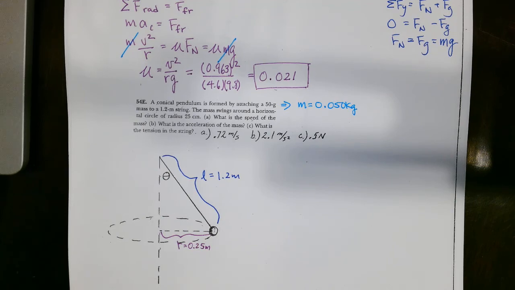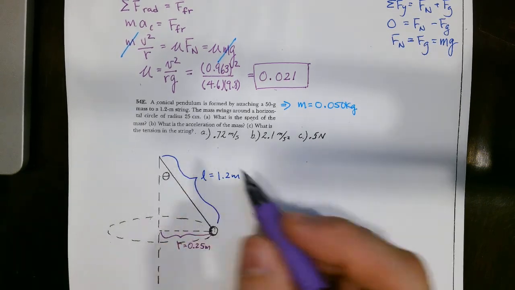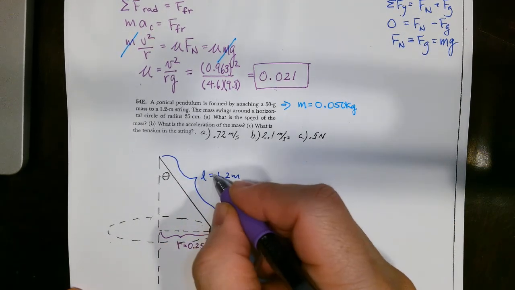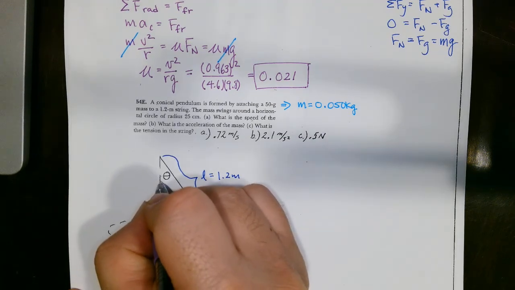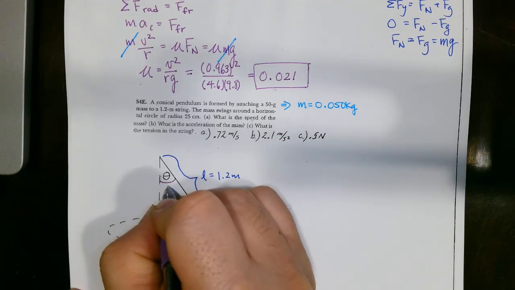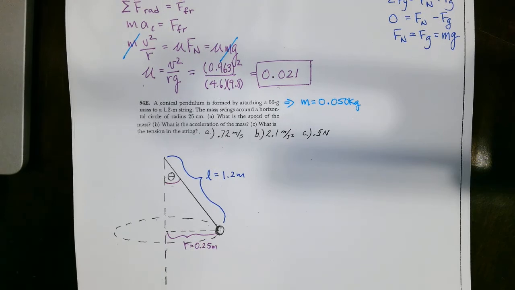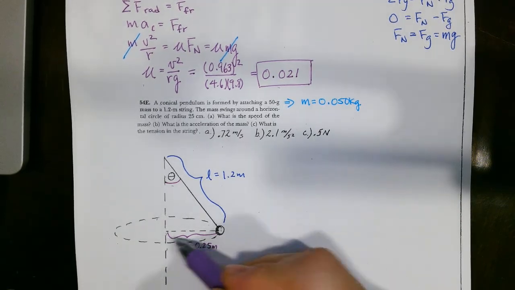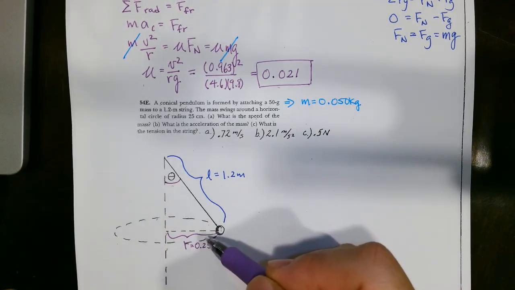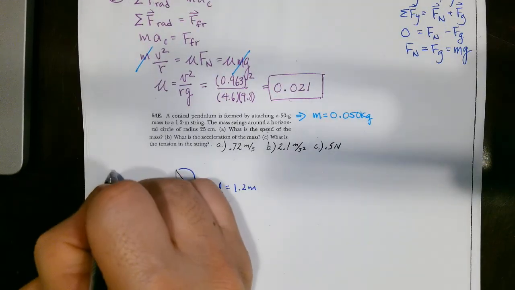Well, we could probably calculate this angle theta here because we know these two dimensions. Right? This theta is simply, this is the opposite, this is the hypotenuse, right? So we could probably use sine.